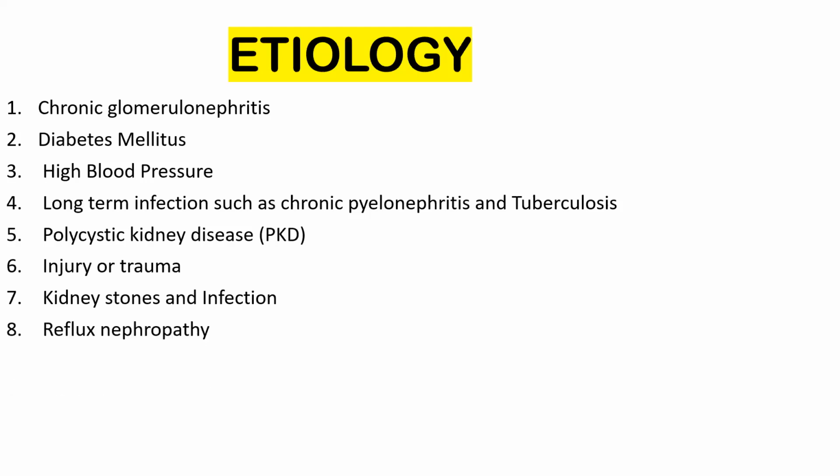Number 8, reflux nephropathy. I explained this very nicely during my offline class. Reflux means what? Any one of you? Urine again goes to the kidney. Say it loudly. I think it is correct. Urine goes back to the kidney.